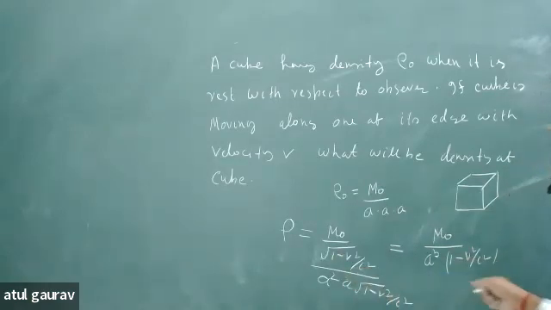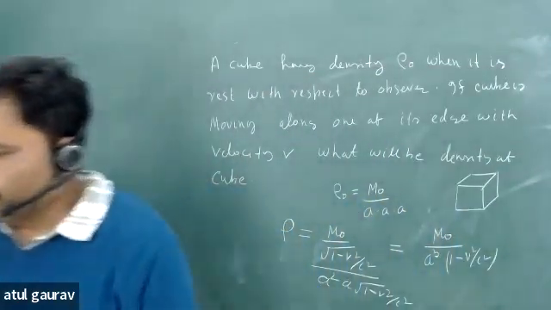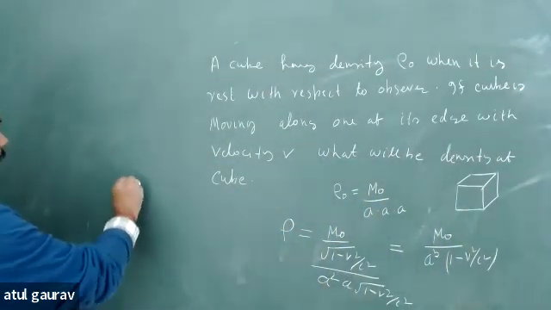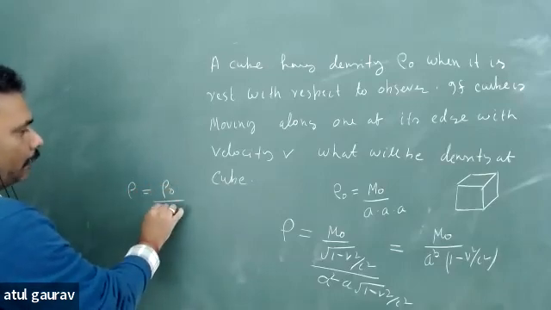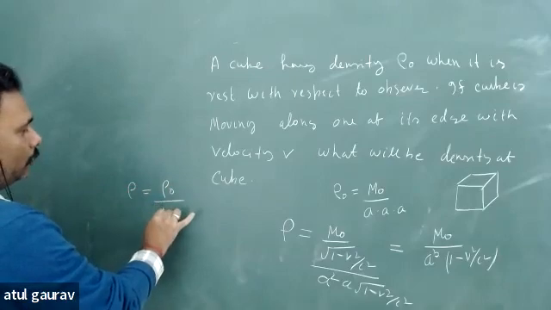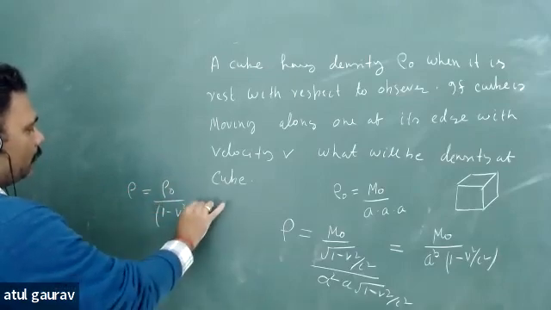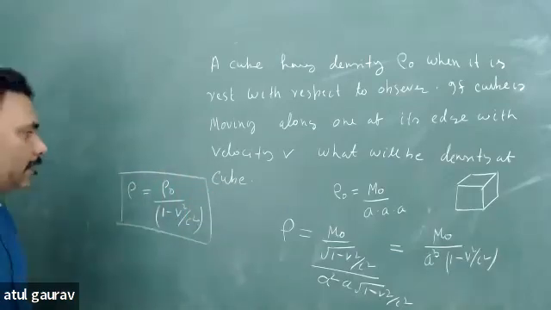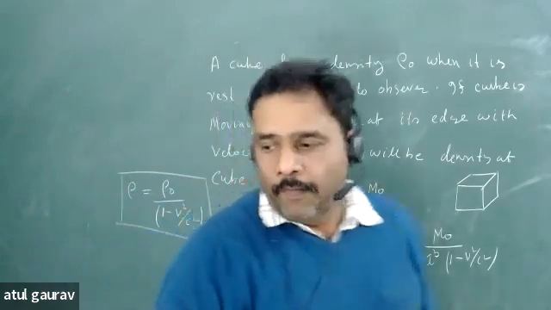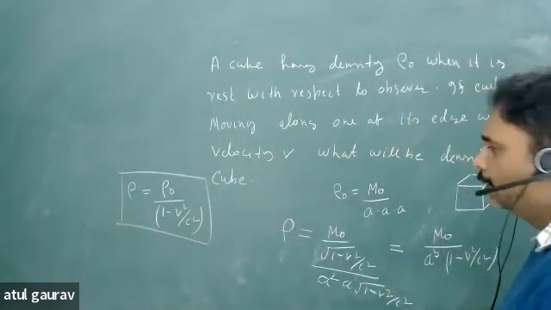Root and root will be the same. So what will be your rho? Rho is equal to rho naught by 1 minus v square upon c square, which is to the power minus 1. So this will be your density. Yes, tell me.